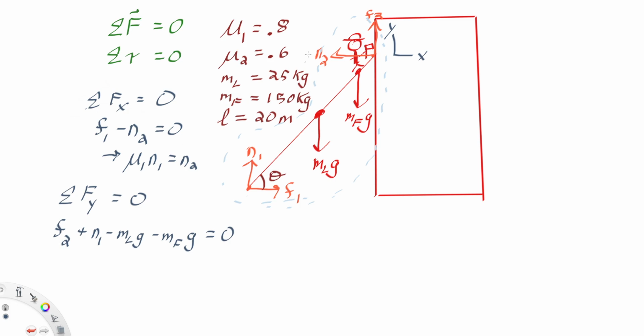So our friction from the building is going to be mu2 times the normal force from the building. So we have mu2 n2 plus n1, and we'll move all of the weights to the other side, so we have the sum of masses times g. At this point, we can use our result from the x direction to substitute in for n2. So mu2 mu1 n1 plus n1 equals all of this stuff.